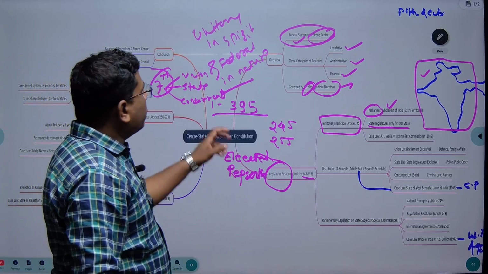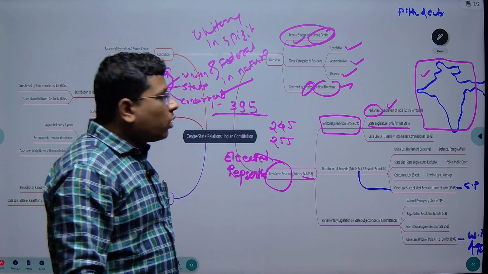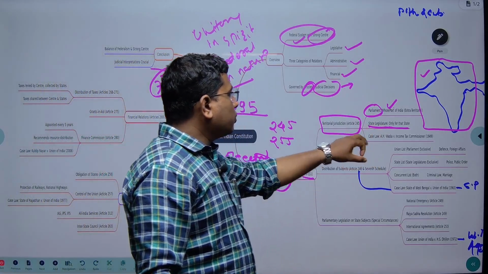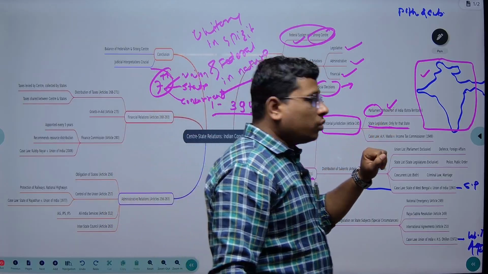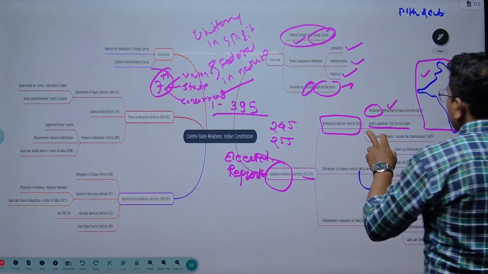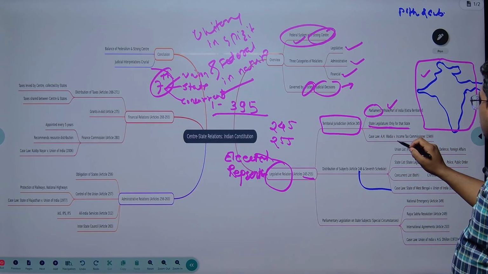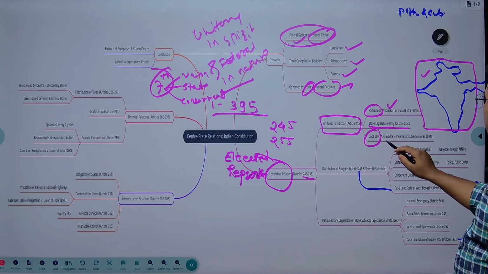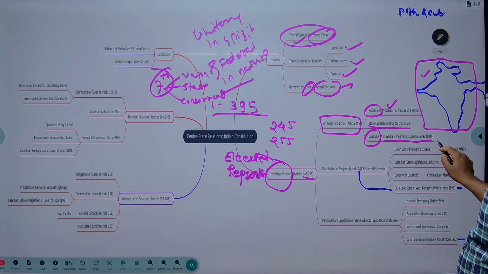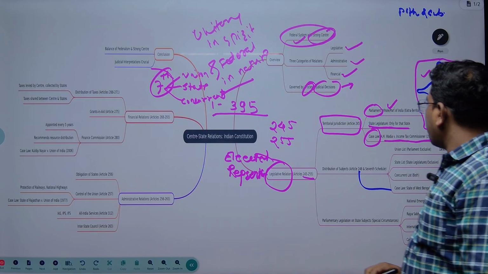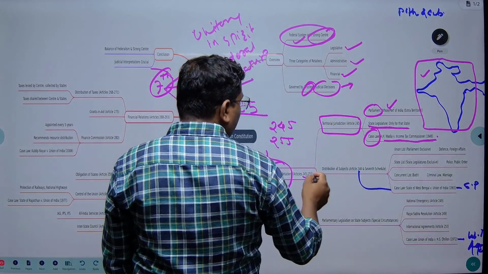The state has the right to make laws on state subjects. So the state legislature can make laws on the subjects mentioned in the state list. Here is one case, A.H. Wadia versus Income Tax Commissioner.